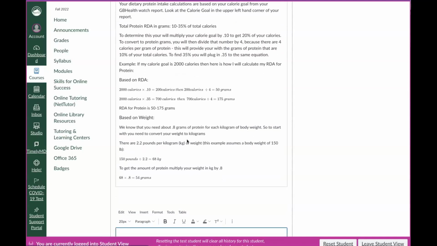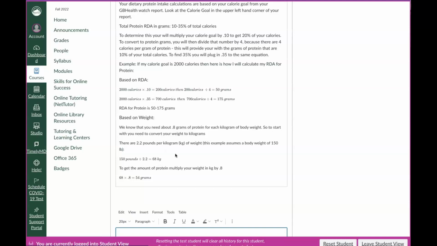Based on your weight, in the medical field we often base medications, insulin, a variety of things on your weight in kilograms. To convert to kilograms, there are 2.2 pounds for every kilogram. If I assume somebody weighs 150 pounds, I divide that by 2.2 and get their weight in kilograms, which is 68.